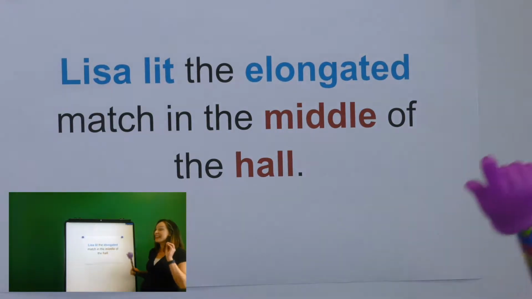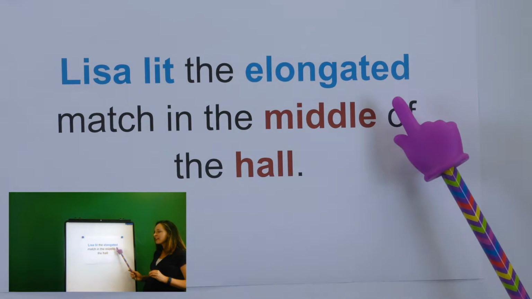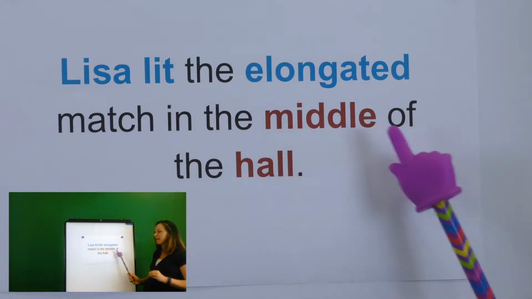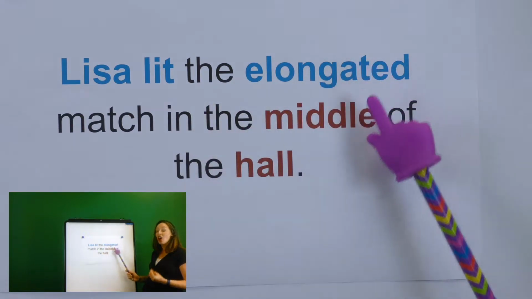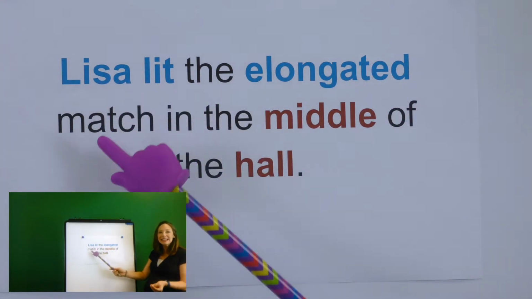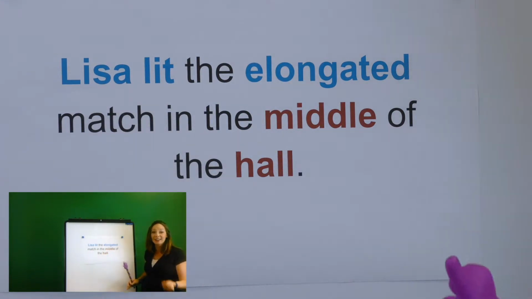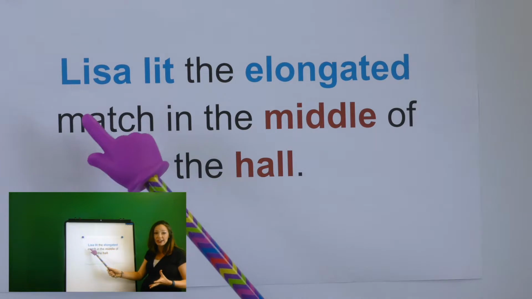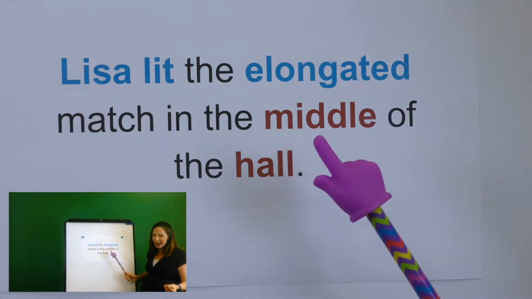Now let's take a look at the next sentence. Lisa lit the elongated match in the middle of the hall. So Lisa and lit, obviously those are going to be using the light L sounds. They begin the word itself. But let's take a look at elongated.